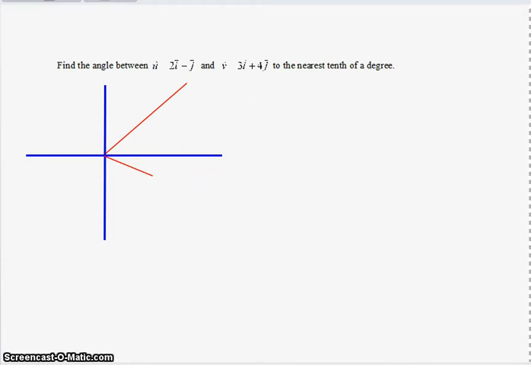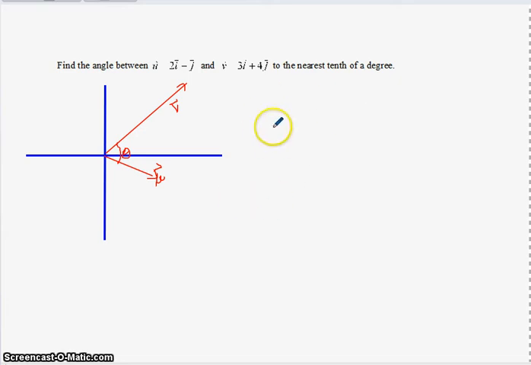Anyway, we're trying to find this angle here. So here's u, and here's v. So it looks like we should get something somewhere between 60 and 90 degrees, somewhere in there.